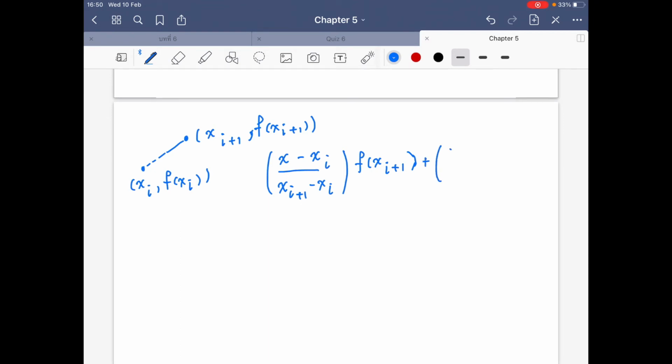Another one, let me do (x minus xi plus 1) over (xi minus xi plus 1). Do we have the same character? If we plug in xi plus 1, you get 0, right? However, if you plug in xi, you are going to get a 1. So since you get 1 at xi, I am going to multiply it by f at xi.